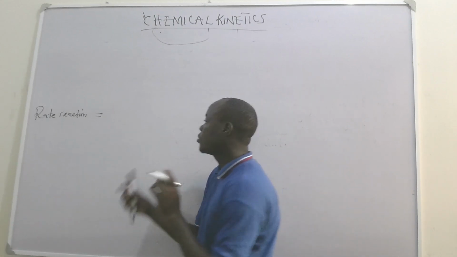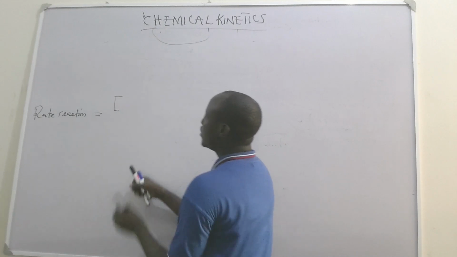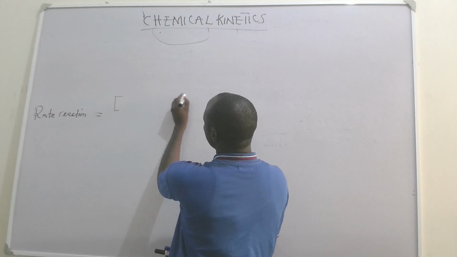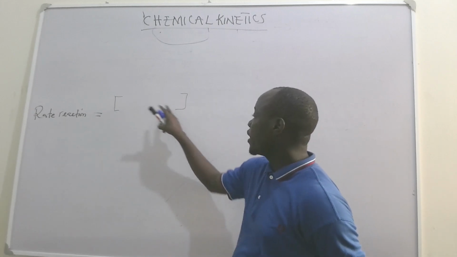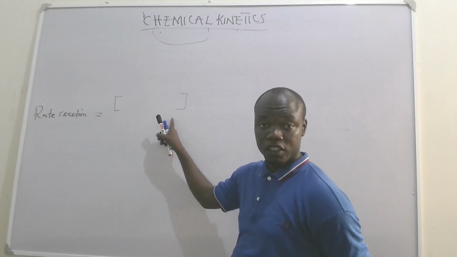So therefore, the rate of reaction can be measured in terms of concentration, because whenever we have this kind of bracket in chemistry, it means it's a concentration.